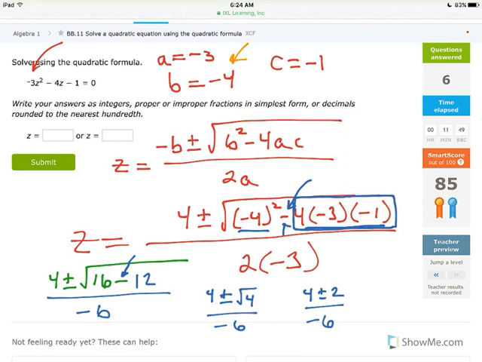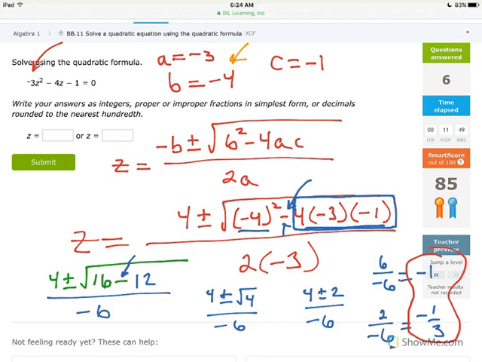So one of the options, if we follow the plus path, 4 plus 2 is going to get you 6 all over negative 6, which is negative 1. And then the other one would be 4 minus 2. 4 minus 2 is 2, divided by negative 6, which would be negative 1/3. So there are your two solutions. So you should get negative 1 and negative 1/3.